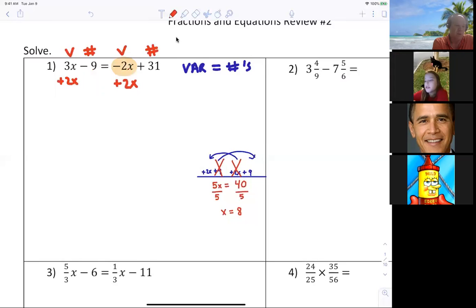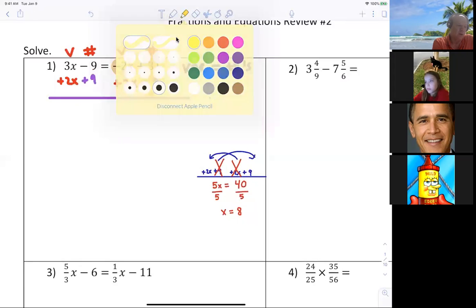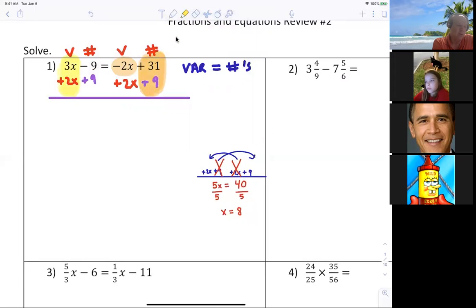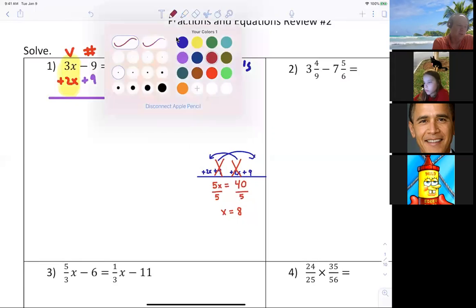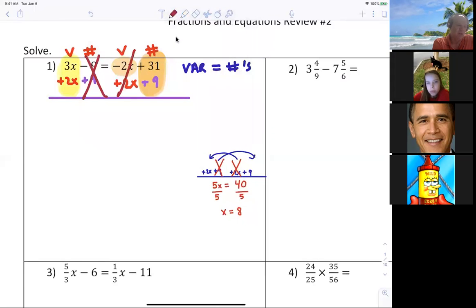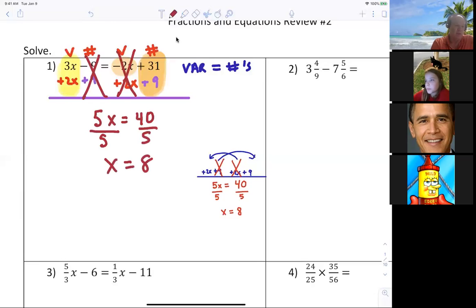To undo a minus 9, we add 9. Now all of the numbers are grouped together and all of the variables are together because these two things canceled out. So now I have 5x equals 40, divide by 5, divide by 5, x equals 8.